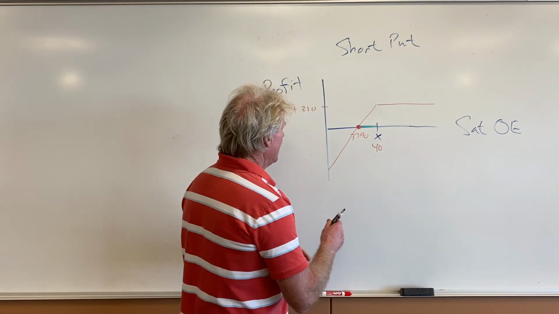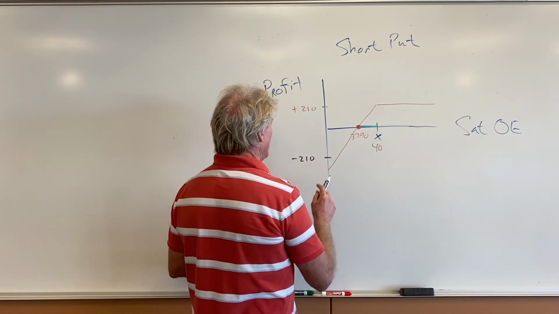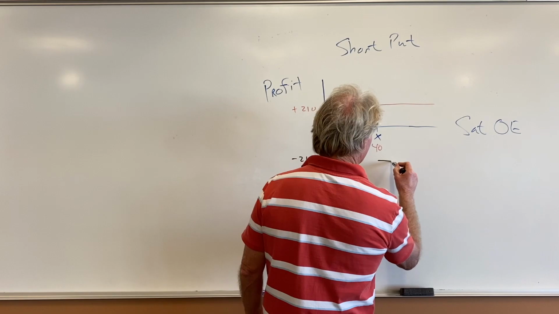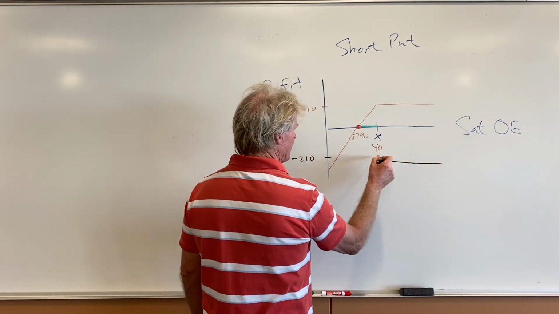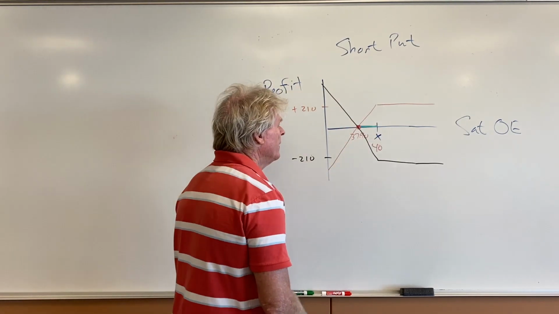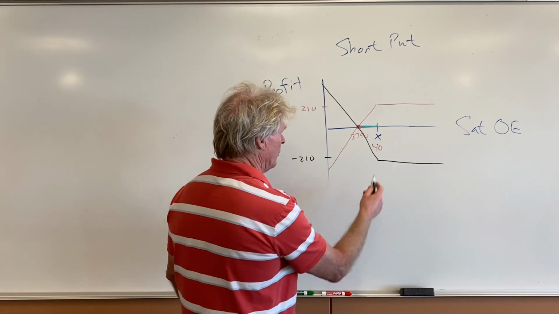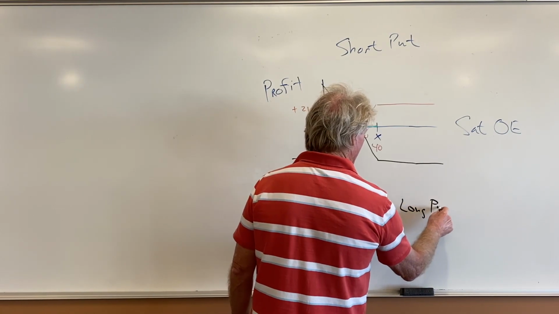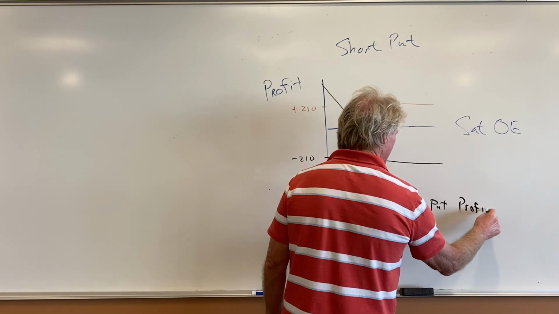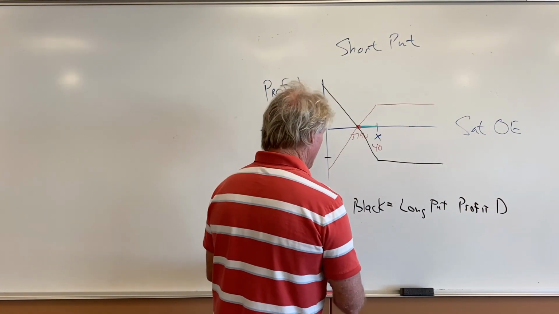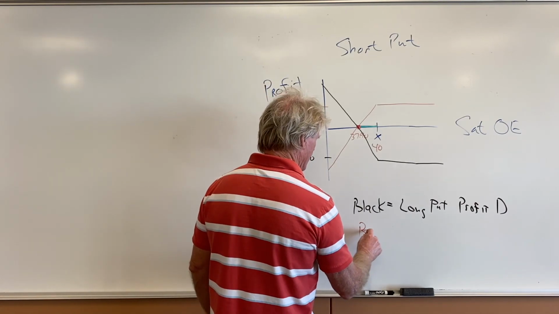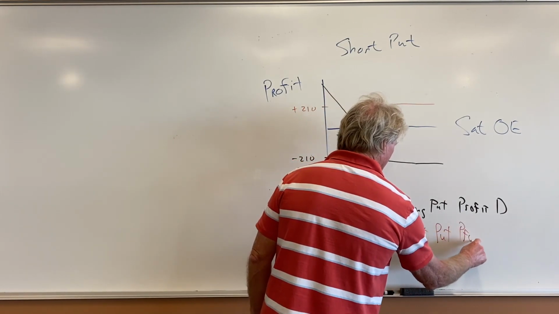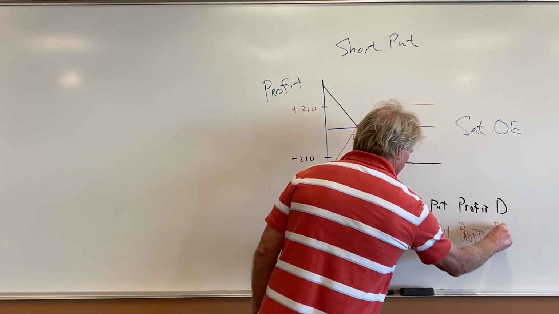Now, as we did with the calls, let's put up here our long put profit diagram, and we flatline at minus 210, and then of course we go through the same break even, and up here, and now we see that the black line equals long put profit diagram, and red equals short put profit diagram.